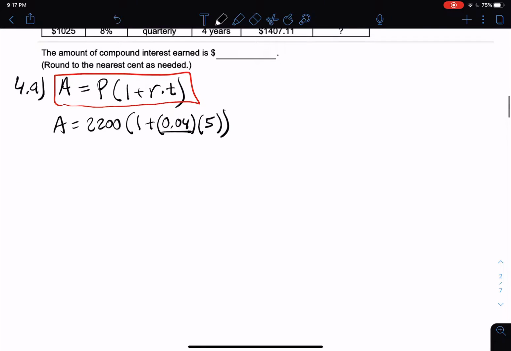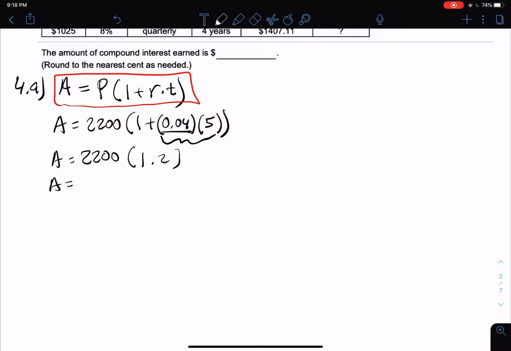And once again, we are going to have to multiply first and then add. Okay, so if we do that in our proper order, multiply first and then add 1 to that, this would be 1.2.